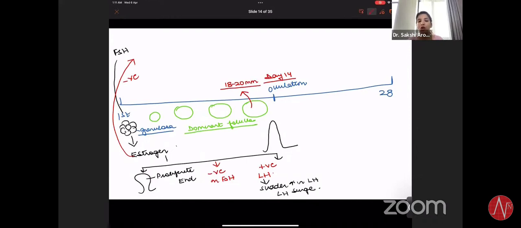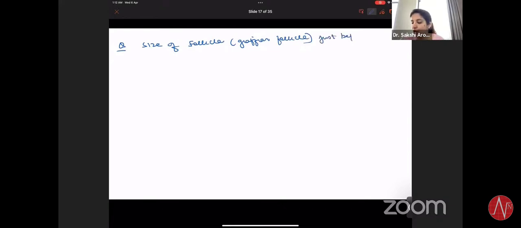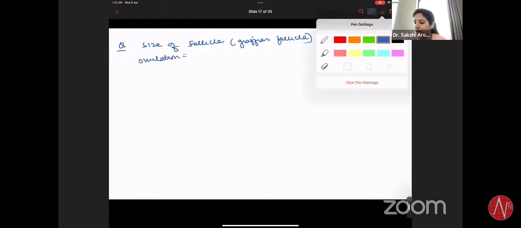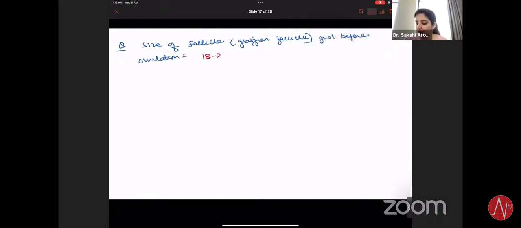So I want all of you to write this question also in the questions which you are writing. They may say Graafian follicle. Instead of saying follicle, question में Graafian follicle भी लिखा हो सकता है. So size of the follicle just before ovulation is 18 to 20 millimeters. Right? Okay.